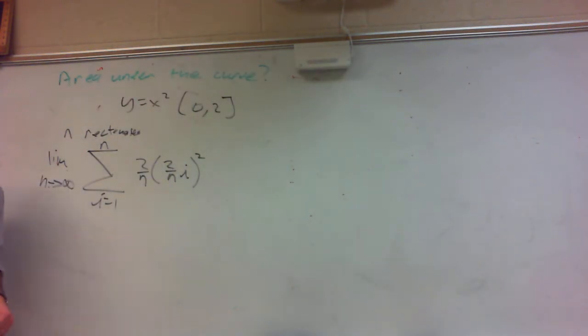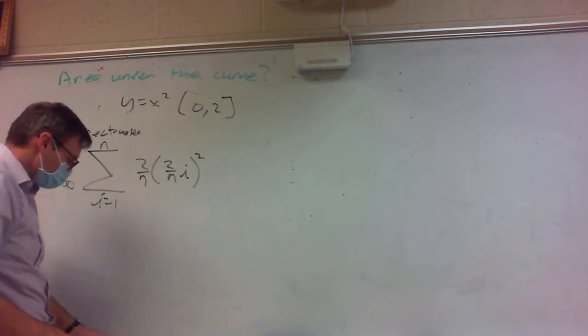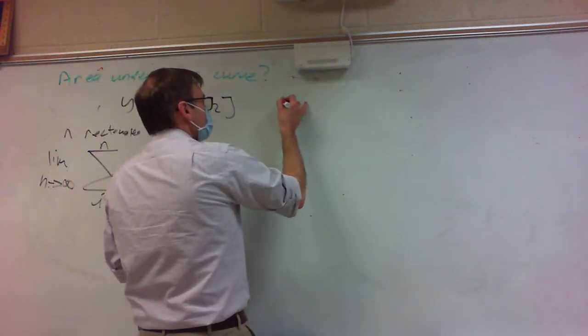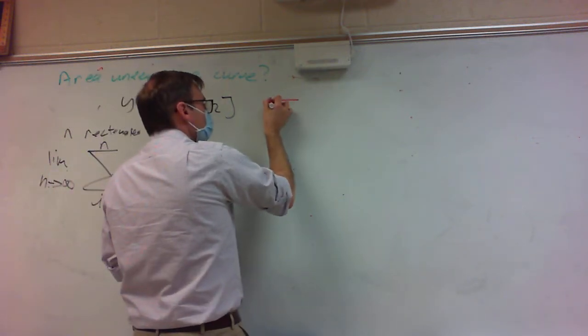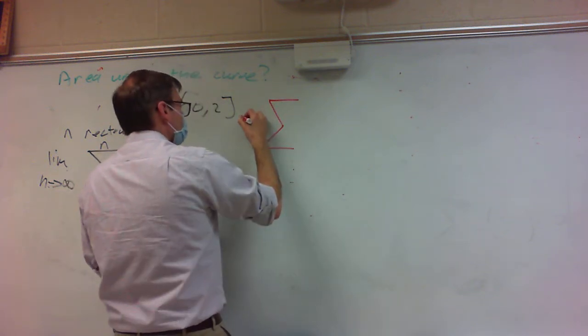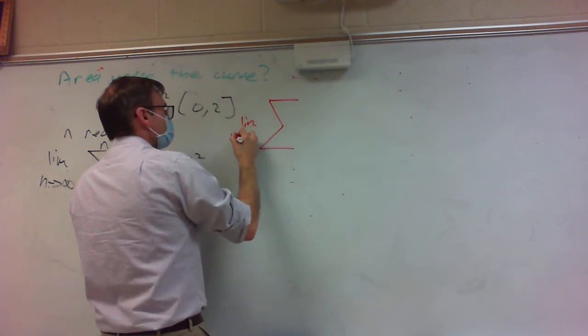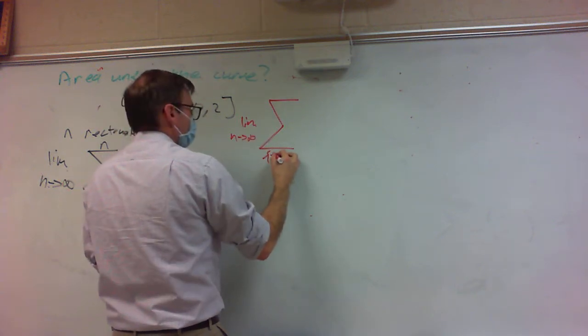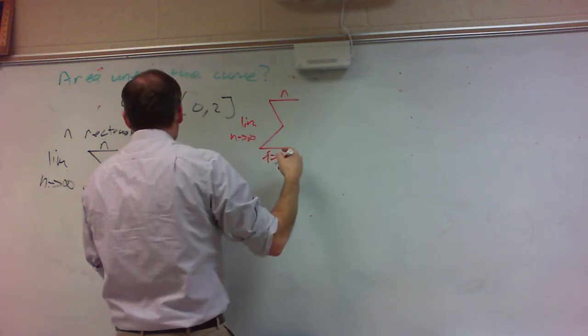Well, believe it or not, we can compute this. All right? And it's not as ugly as you might think. Okay? I'm going to have some room over here. I'm going to write this as the limit as n gets really big from I equals 1 to n.